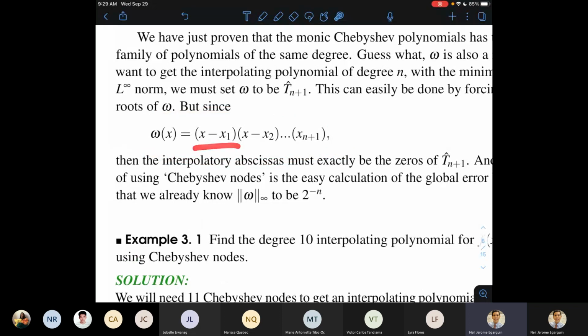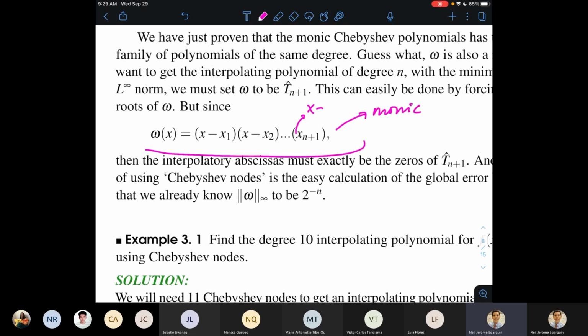Siya ay product ng mga x minus xi, tapos may kulang dito: x minus x sub n plus 1. Degree n plus 1 siya. Tapos, monic din siya. Kasi, pag minultiply ko yung mga x's, yung term na may x to the n plus 1 lamang ay may coefficient 1. So this is monic, as we remarked earlier.